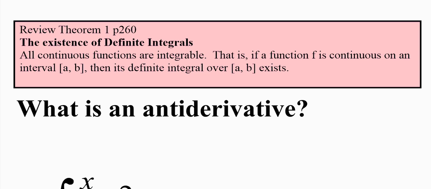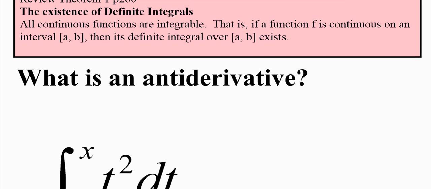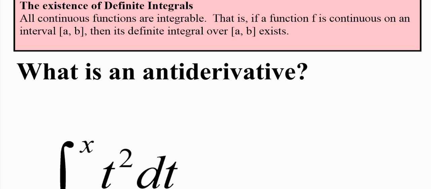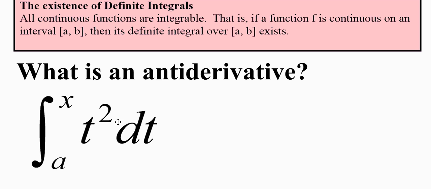Now, to apply this a little bit farther, we're going to talk about what is known as an antiderivative. Now, this will lead us into our fundamental theorem of calculus part 1. When you integrate a function like so, essentially, yes, you are finding the area of the curve, but what you also are doing is finding what is referred to as an antiderivative.